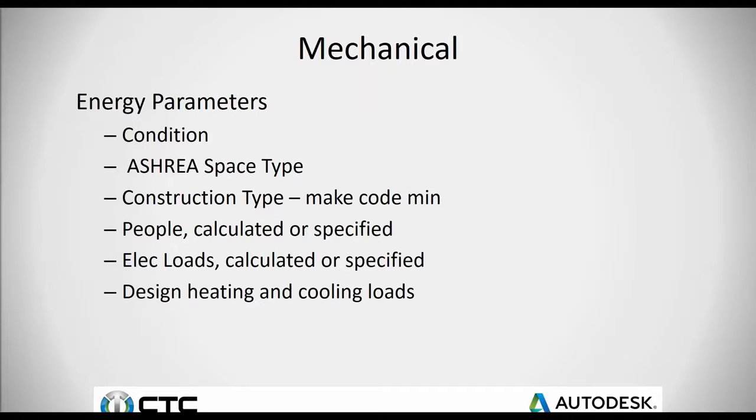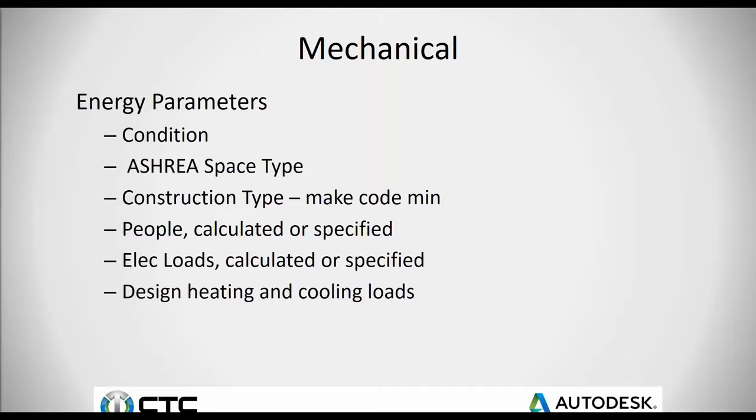The energy parameters for each space rely upon the conditions, the ASHRAE space type, construction type. I generally set this to code minimums. We can also read the information right out of the architectural walls and glazing based upon the U values that they specify.